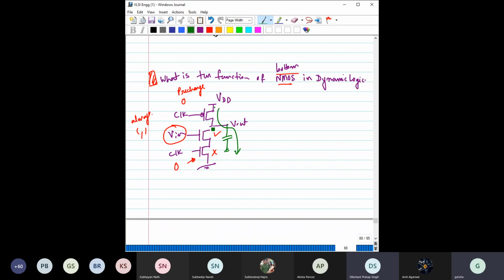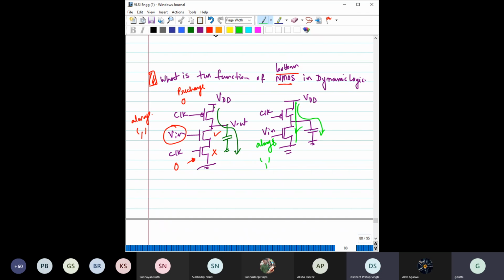Now you think about it. If you have removed this, what will happen? This is Vin, this is VDD, this is clock, and you have this capacitor. Now here, this can charge, but as this is always 1, this transistor is also on.